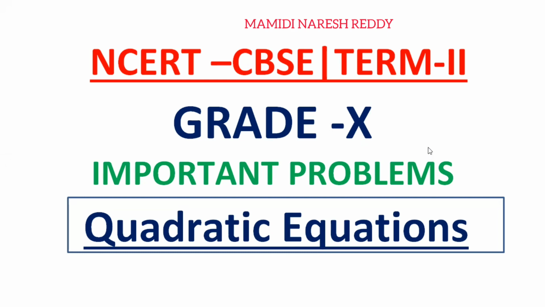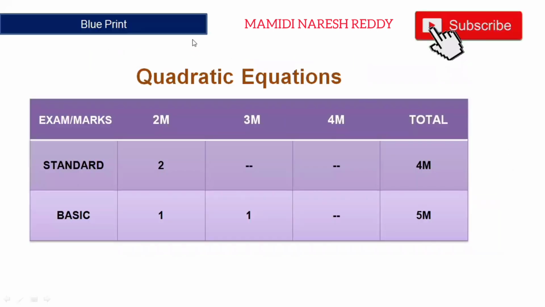Now let us start today's lesson. Let us see quadratic equations. First of all, before going to problem one, let us see the blueprint of quadratic equations. As per the new model of the term 2 syllabus, we get 2 marks, 3 marks and 4 marks problems.